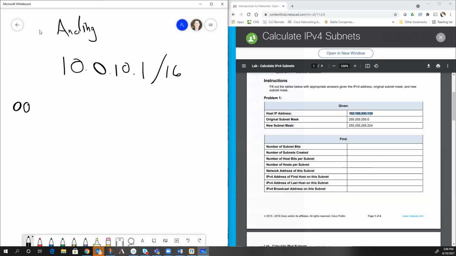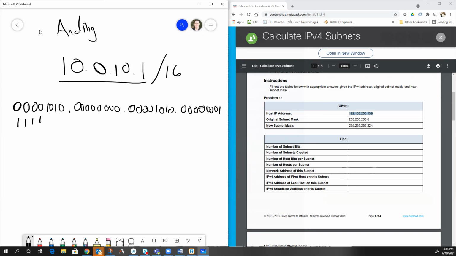So 10 is 0000 1010, dot 0000 1010, dot 0000 1010, dot 0000 0001. All right, so there's my IP address in binary. So you convert your decimal address to binary. Then you put the mask in binary.